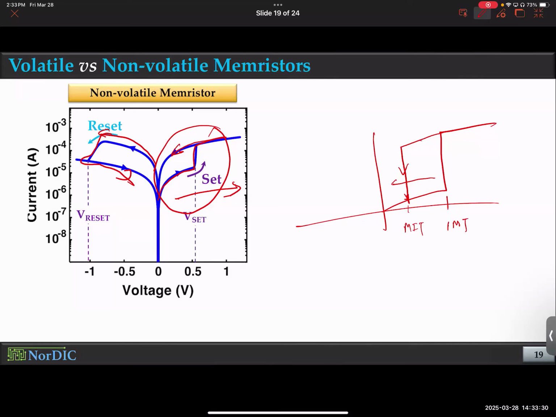So you have to maintain a voltage above a certain level to keep it metallic. Otherwise, it will just give up. It will go back to insulating every time within the same polarity. So question, what happens when I use the opposite polarity? It basically behaves identically, like a mirror image.